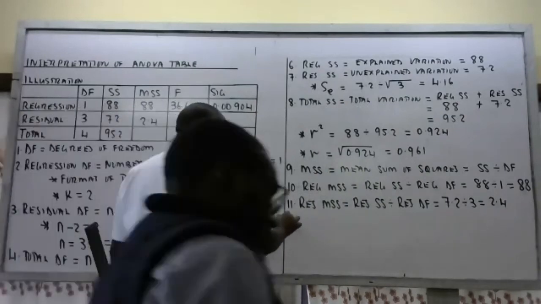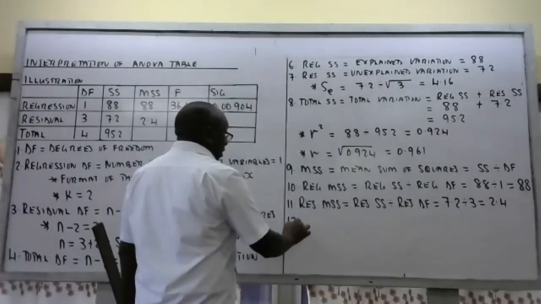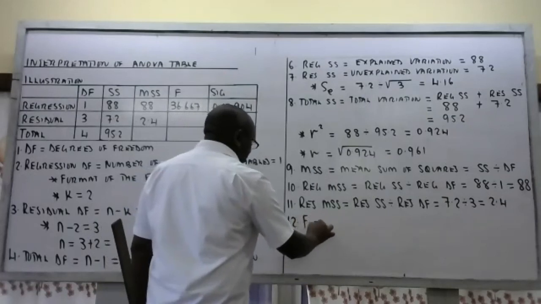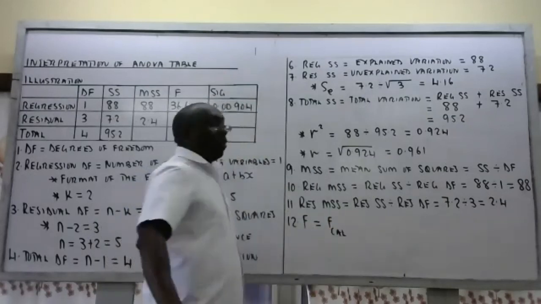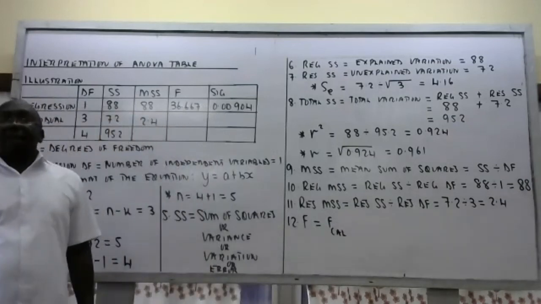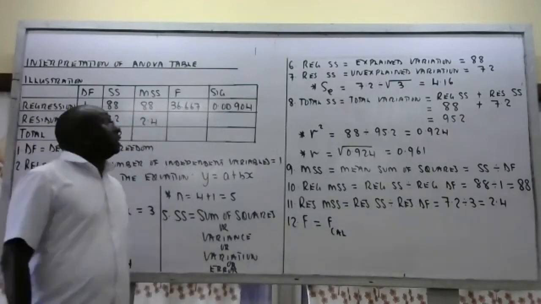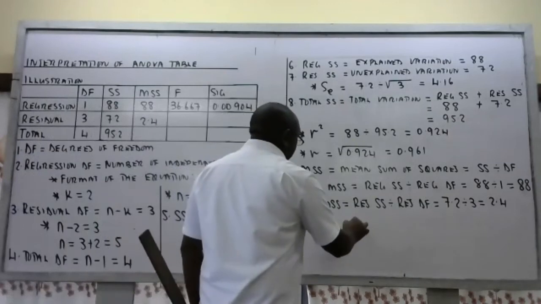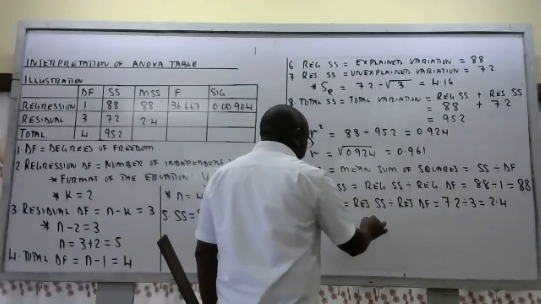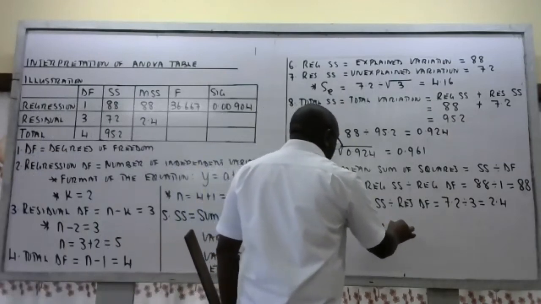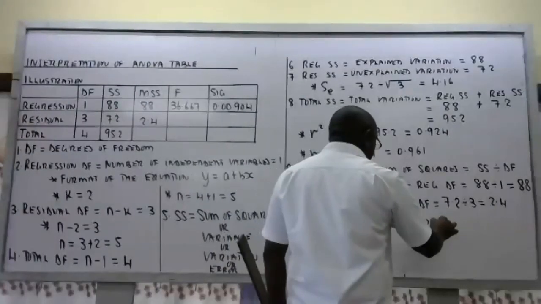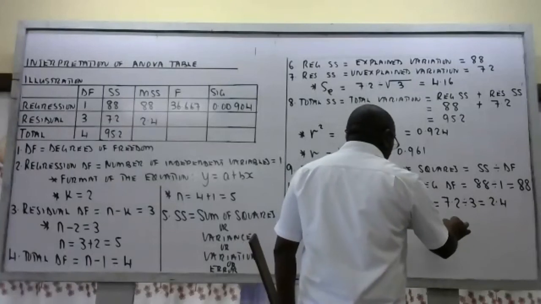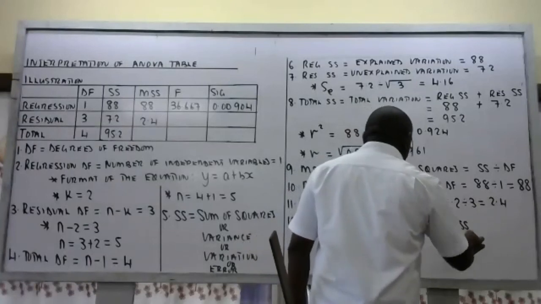Then this F that you see, it is what in our notes we call F calculated. And this F calculated is arrived at as regression mean sum of squares, you divide by residual mean sum of squares.